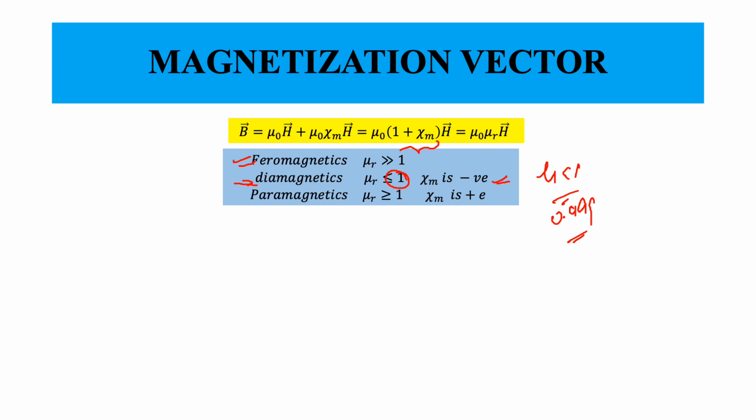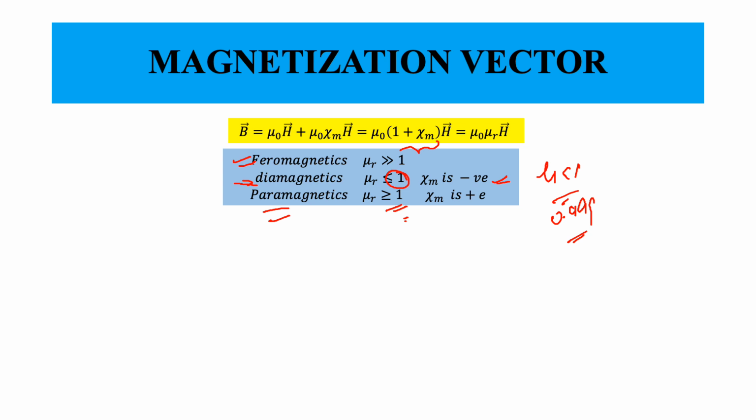And finally you will have a paramagnet. Paramagnets have a value of mu r which is very slightly greater than 1. And chi m is positive here, but it is very nearly equal to 0.